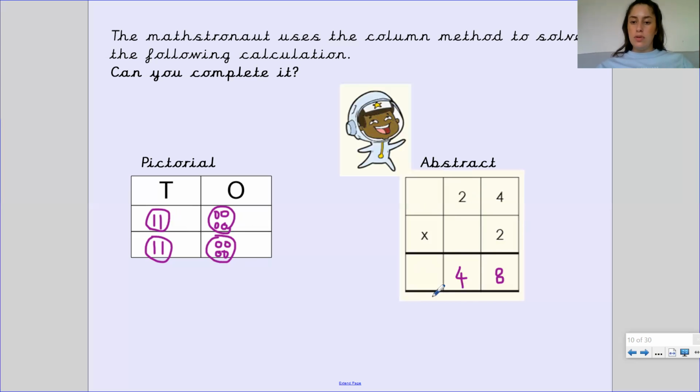So the way you would use the column method is you multiply the ones first, and then you multiply the number of groups that you need by the tens. Because you're multiplying by the tens, it's represented in the tens column. So 2 lots of 20 gives us 40, or 4 tens, which we write in the tens column.